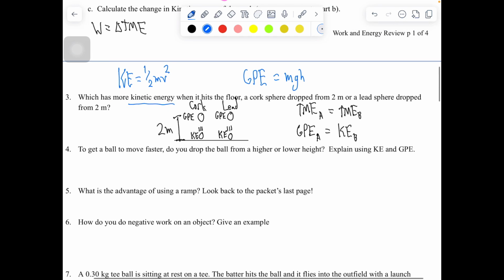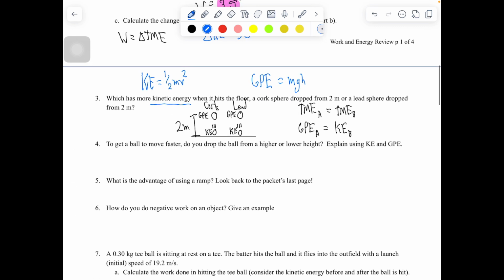Since the lead sphere will have a greater gravitational potential energy to start, it will have a greater kinetic energy at the end. So, all that to say, the lead will have a greater kinetic energy.